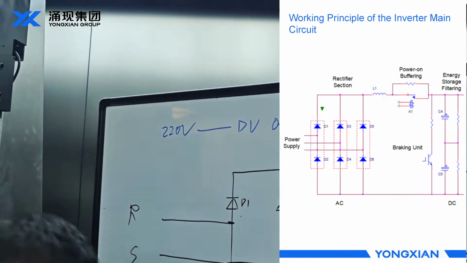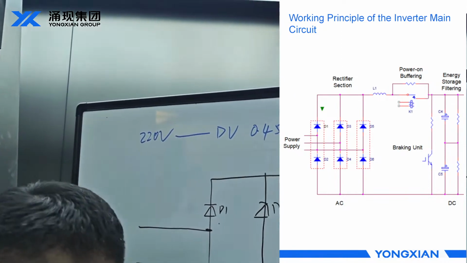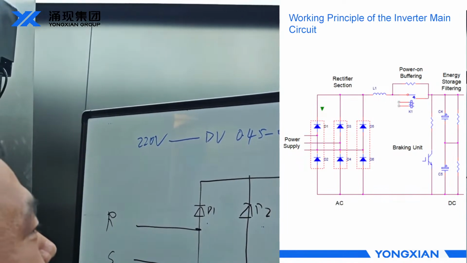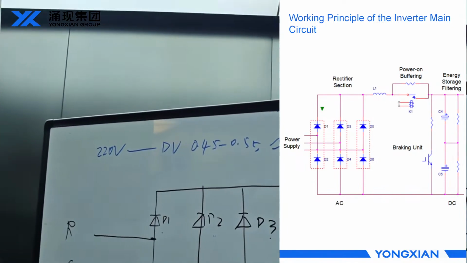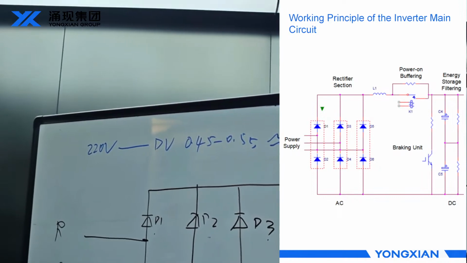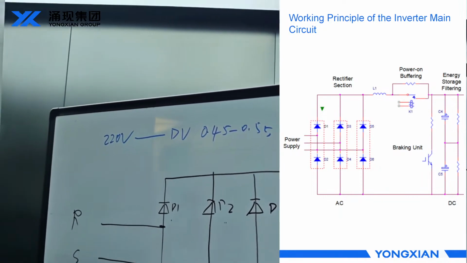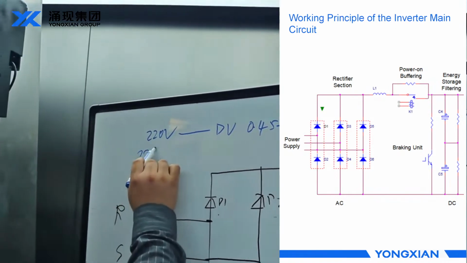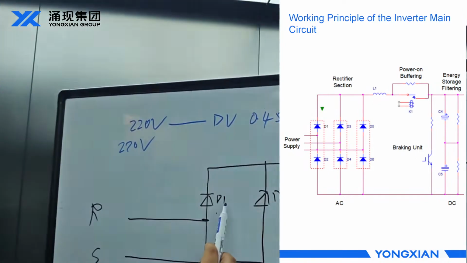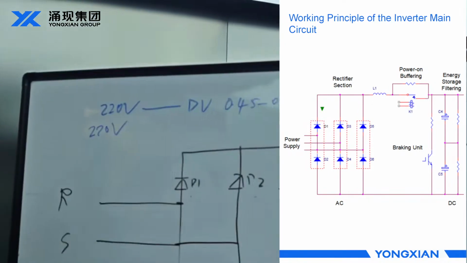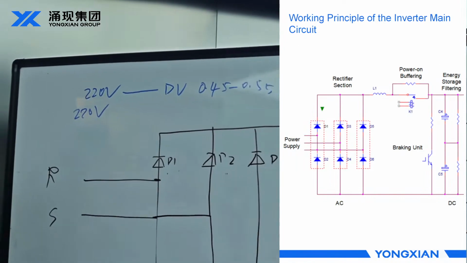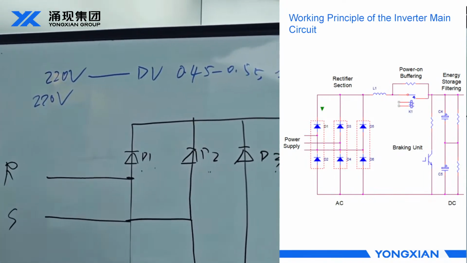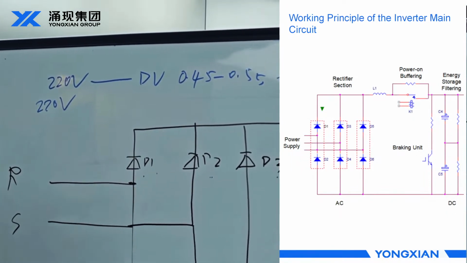The voltage after the rectifier section is usually 0.45 to 0.55 of the input, around 99 to 120 volts. Our 220 volts full wave circuit uses two diodes, D1 and D2.